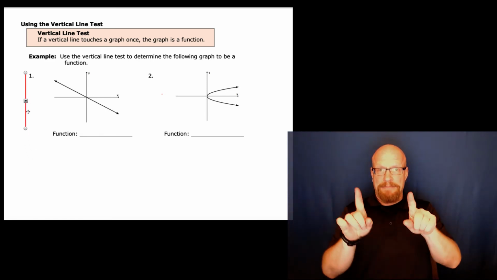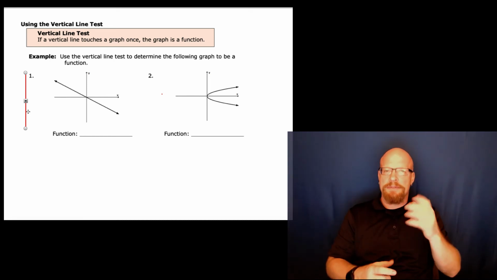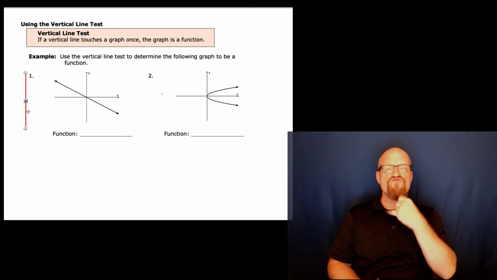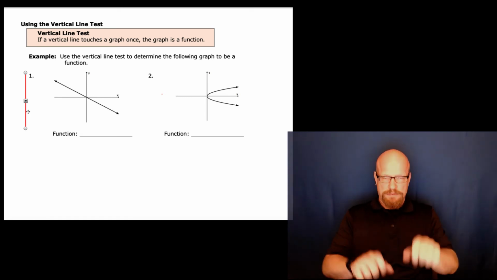Now, this is how the test works. It's really simpler because it's based on a picture. It's a red line and the vertical line test.